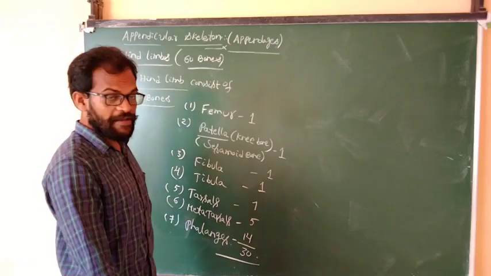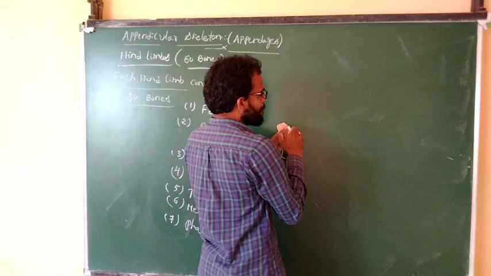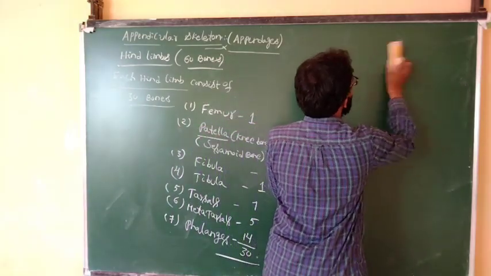Before going to the 30 bones, first one, hip bones are pelvic girdles. What is known as pelvic girdles? First one, hip bones.